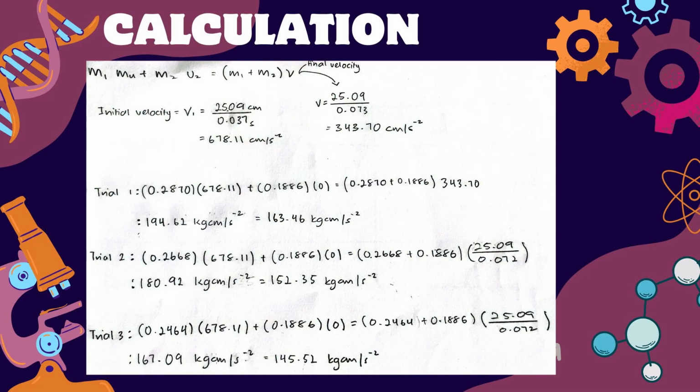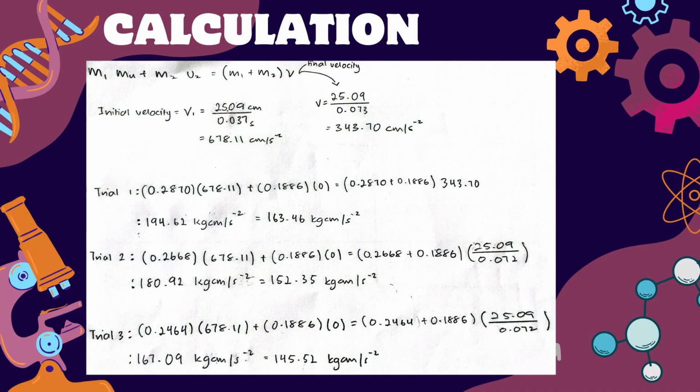So for the initial velocity, which is represented as u1, we need to use the velocity formula, distance over time, and we use the first time that we recorded. So the amount we get for the velocity is 678.11 centimeter per second.